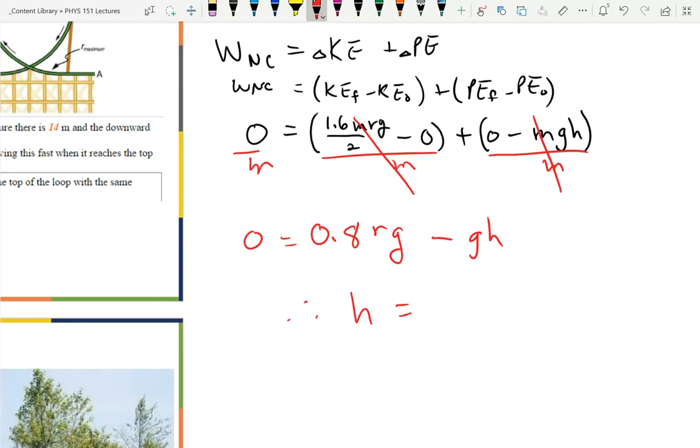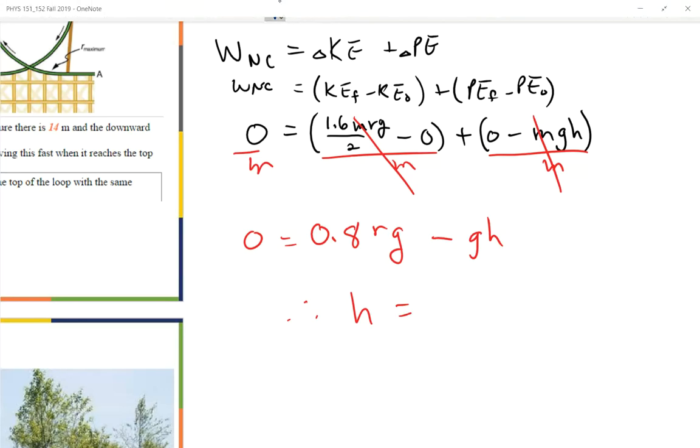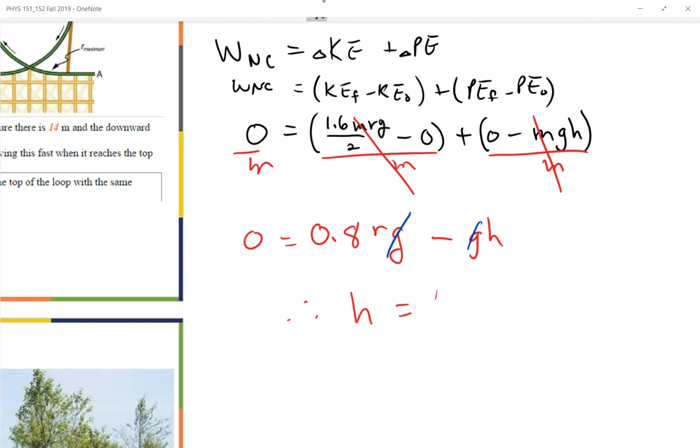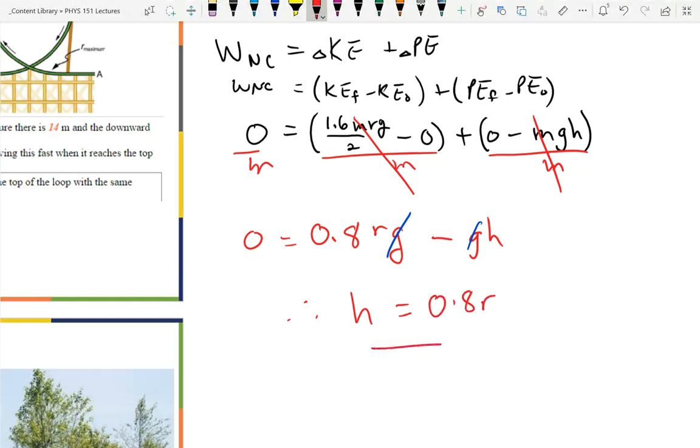Oh, notice there's g's in both of them. I can cancel the g's. I didn't even notice that. Cancel those g's. h is equal to 0.8 R. So 0.8 times 14 meters is our answer.